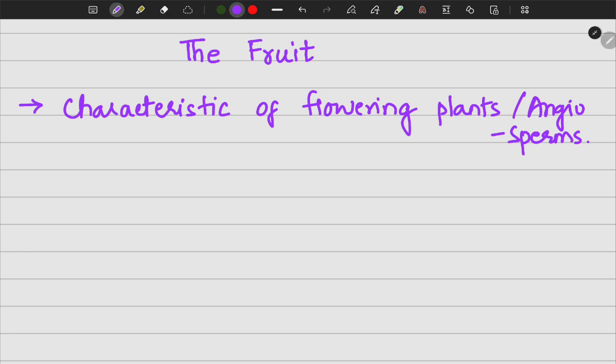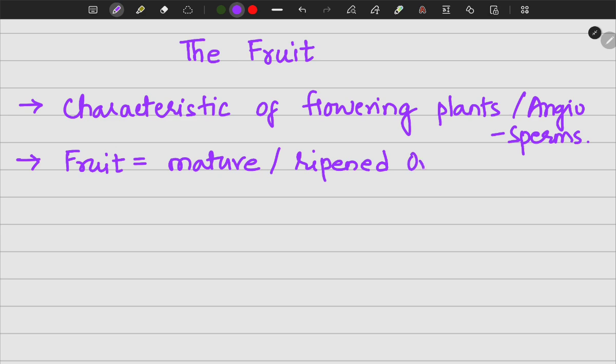In all flowering plants, the plant will bear fruit after fertilization is complete. A fruit is a mature or ripened ovary after fertilization.